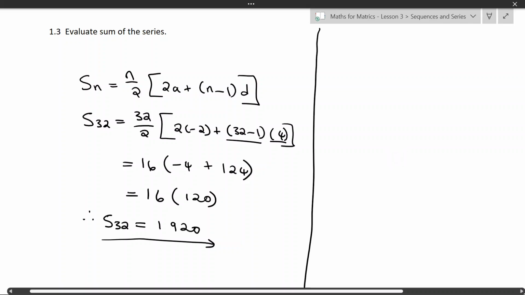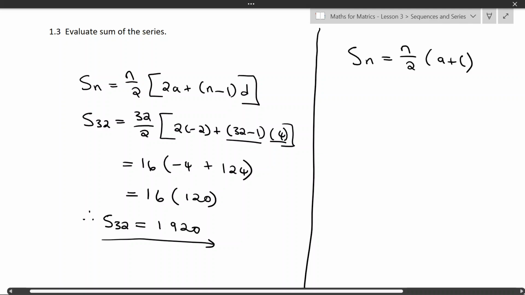Because we have the last term of the sequence, we can also use Sn is equal to n divided by 2 times (a plus l) in brackets. n is 32, a is minus 2, and the last term l is 122.